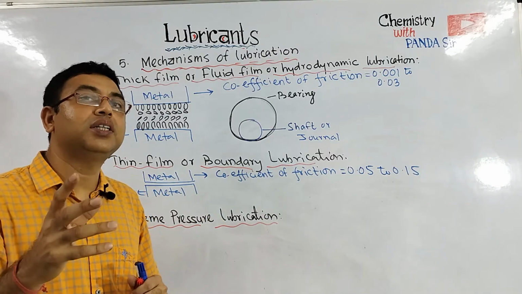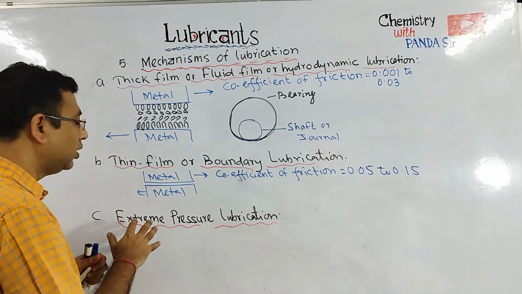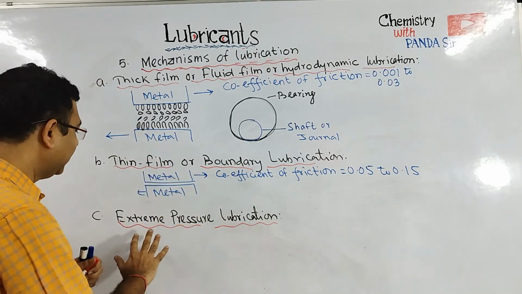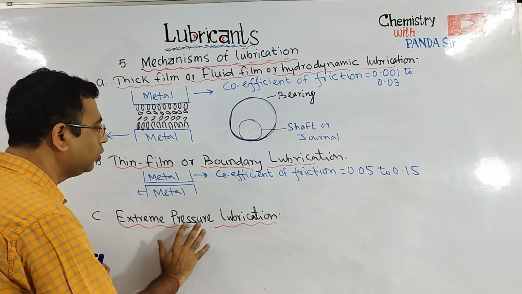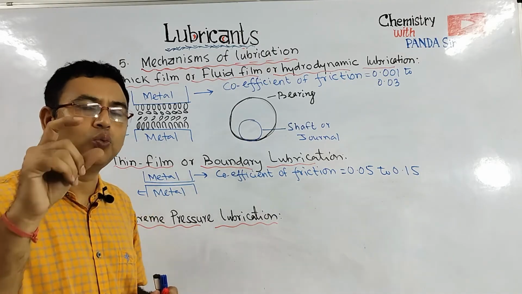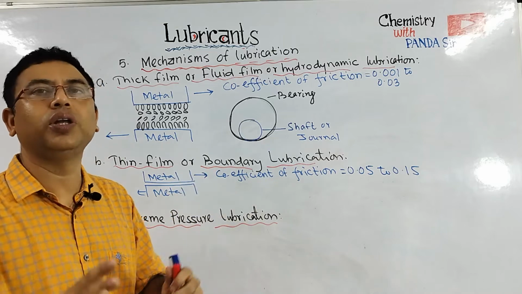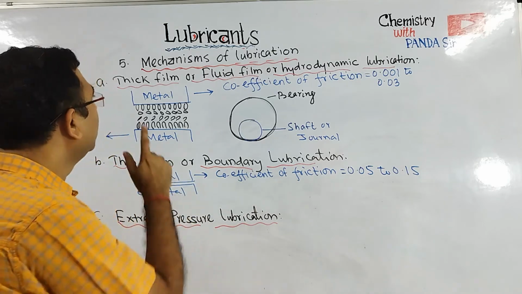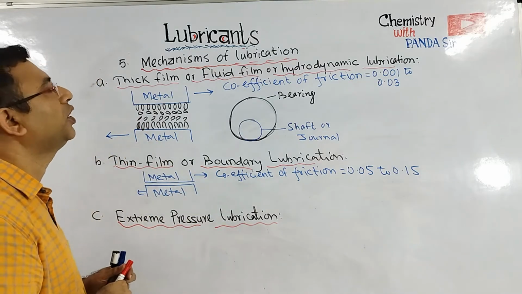In that kind of situation, the temperature goes very high and we need to follow the extreme pressure lubrication mechanism. So now we are going to discuss one by one, very slowly and in a very basic way, starting with the thick film lubrication mechanism.